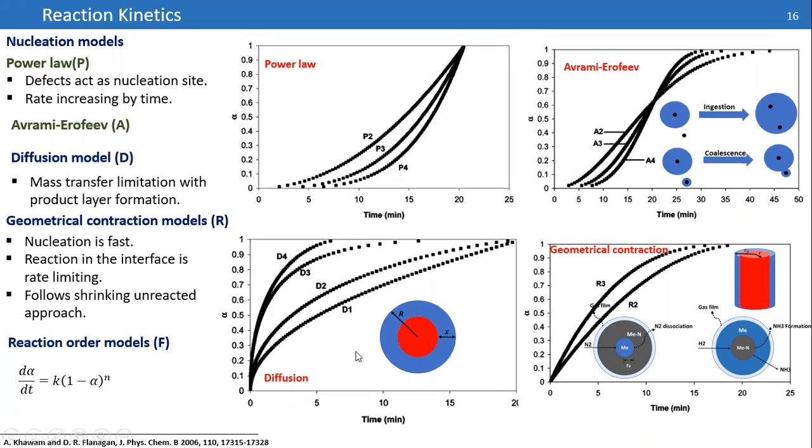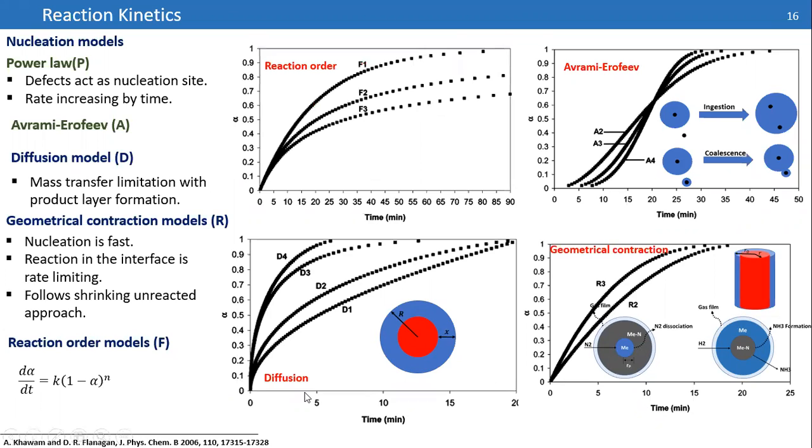a particle and it's difficult to diffuse inside the internal part of my reactor. And what would be the result? I would say that your model is not going to follow the power law equation anymore. So it's better to use diffusion models.